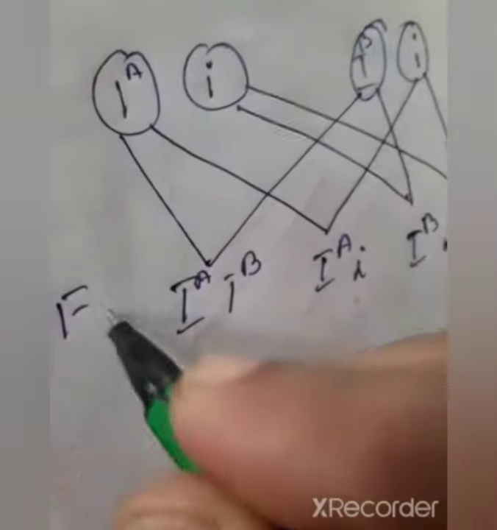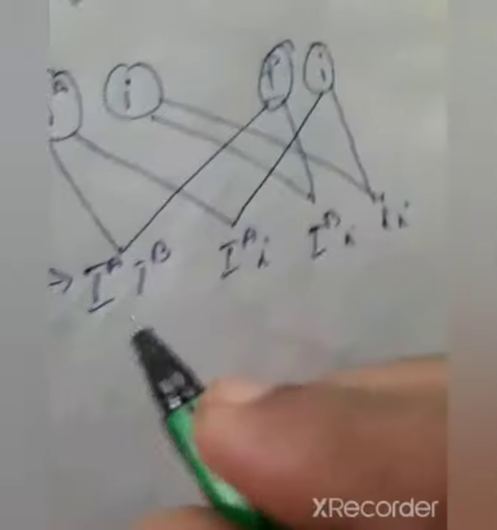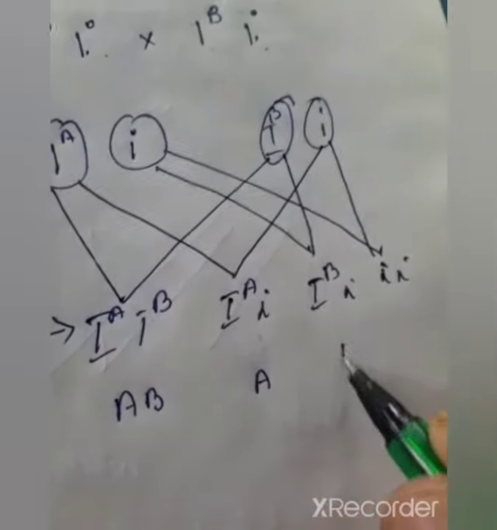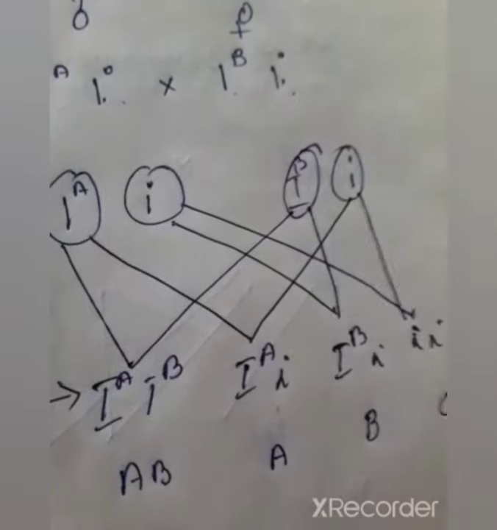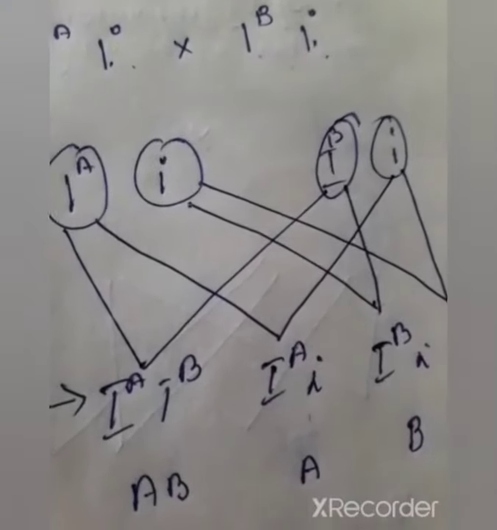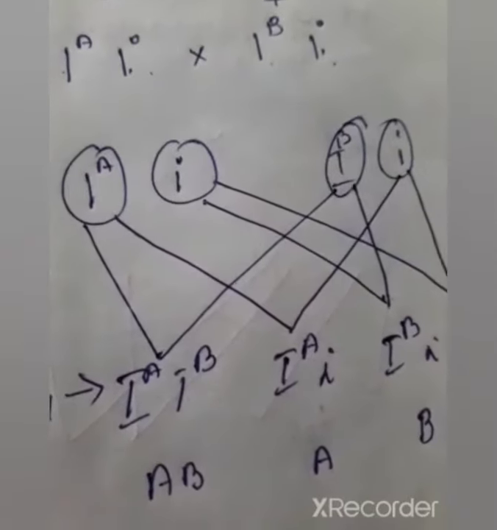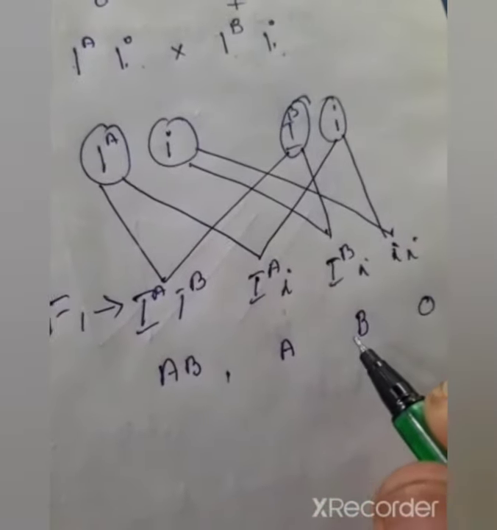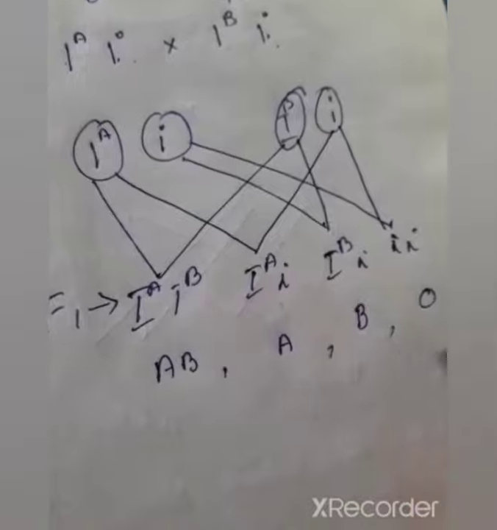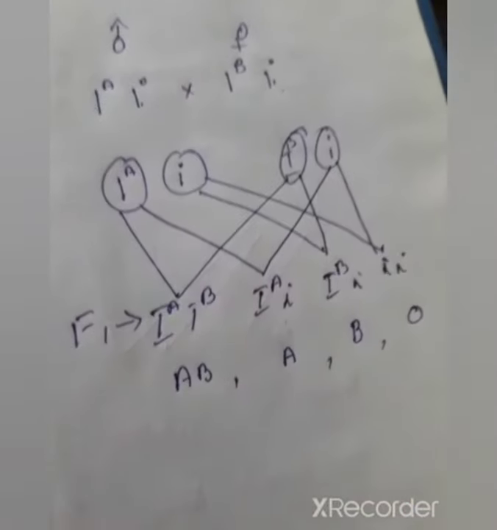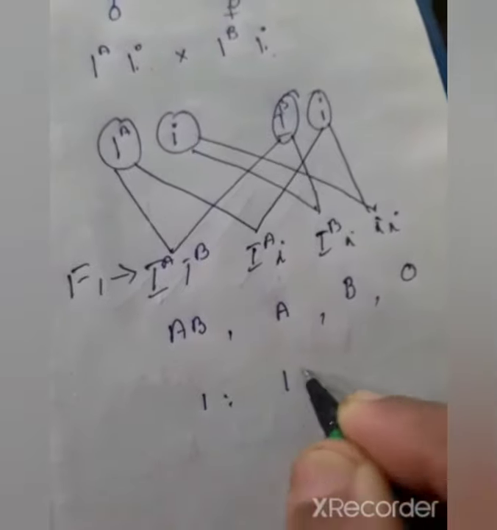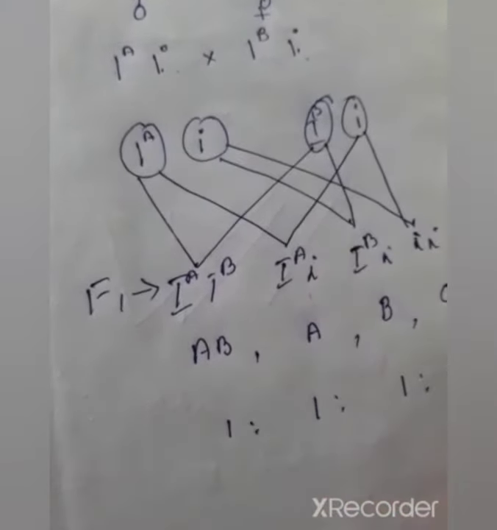This is the F1 generation: AB, A, B and O. The other possible genotypes are AB, A, B, O, in the ratio 1:1:1:1.